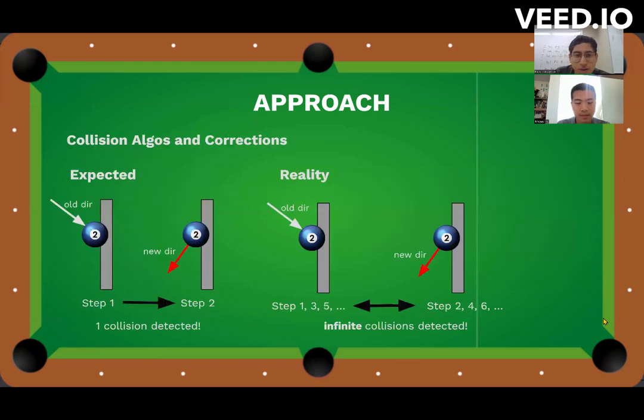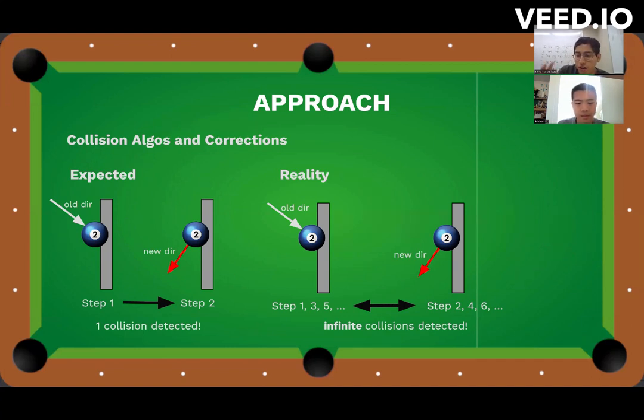For the collision algorithms, here's a very simple one with just the ball with the table. In expectation, we'll see that the ball has one collision detected once it intersects with this wall here, and then the new direction will be calculated. But in reality, what happens is that the old direction will get flipped, right? But then in the next iteration, because the ball is still overlaid against the table, it's going to detect that as another collision.